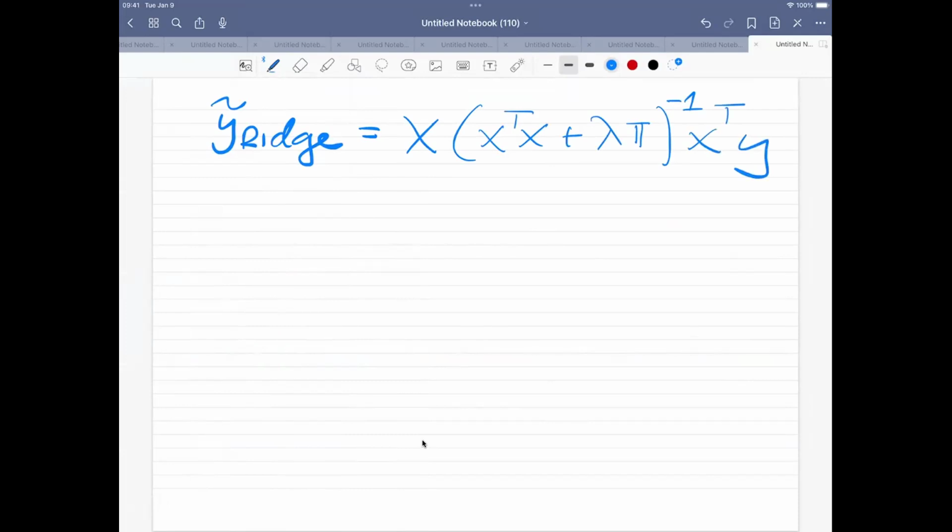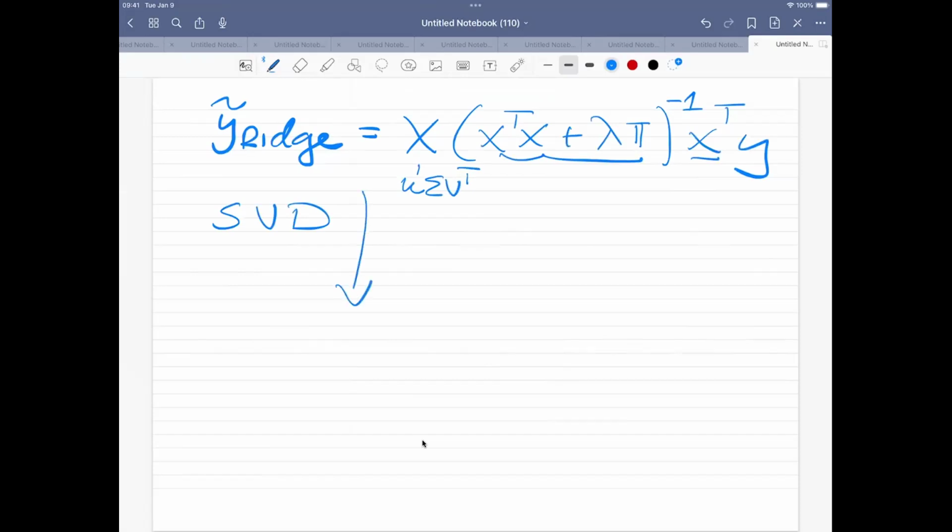Now I can use the singular value decomposition again. I'm just going to give you the final result, because now I can introduce the singular value decomposition. That means I can rewrite this as u times sigma times v transpose. I can do the same here and the same here.